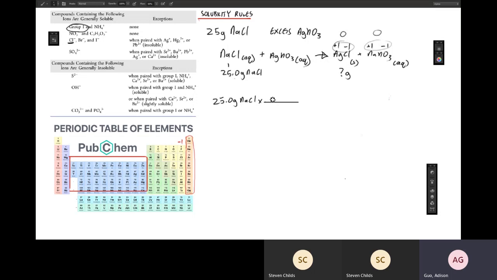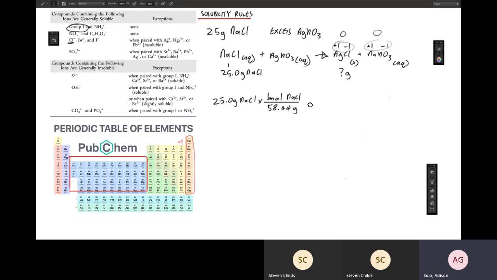But to do that, you're going to need the molar mass. So 1 mole of sodium chloride is going to be, so sodium is 22.99, chlorine is 35.45, so add those together and we get 58.44 grams.